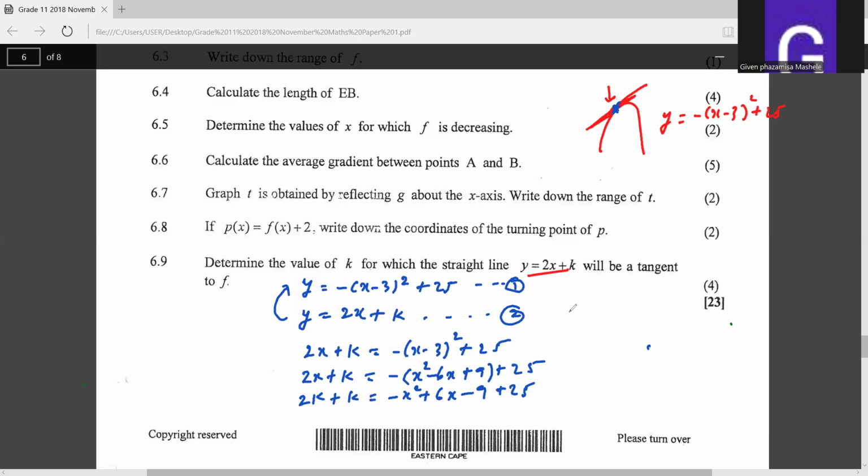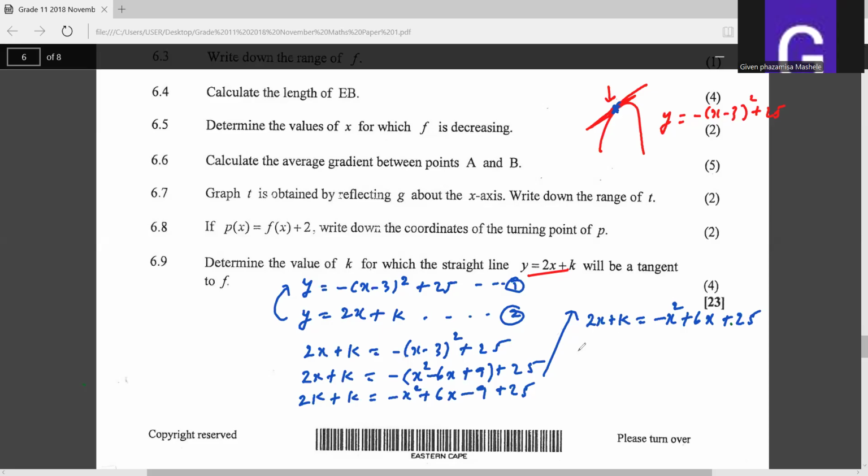Let's simplify. Okay, let me just write it here. 2x plus k equals minus x squared plus 6x plus 16.